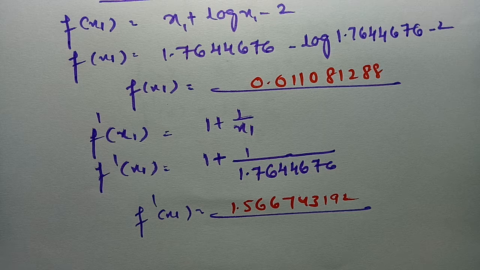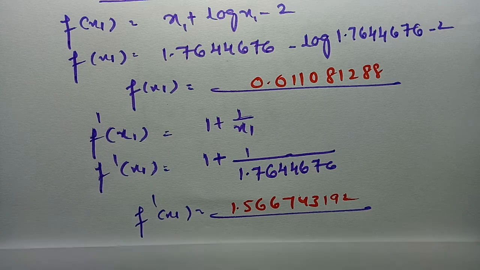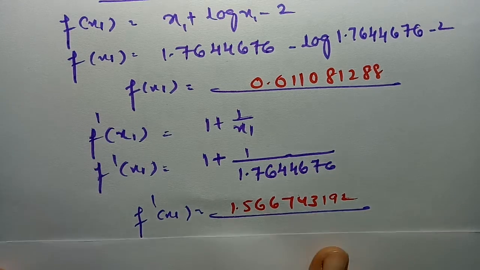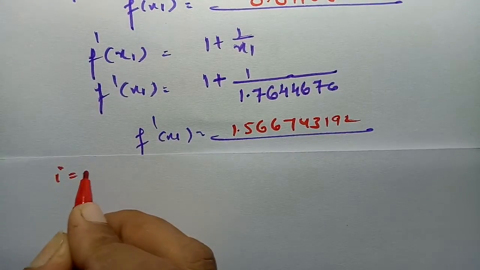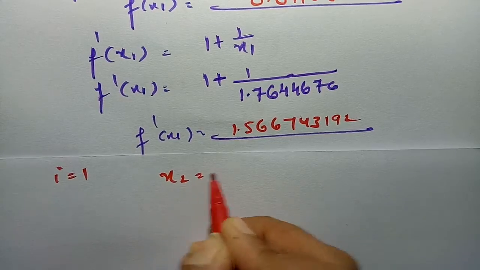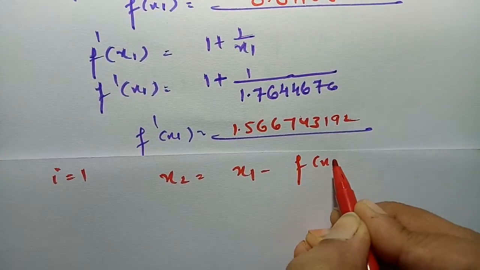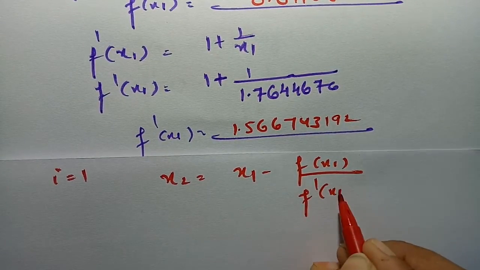So we have to go on to calculate the value of x2. For finding the x2 value, we need all these. If I put i equal to 1, then the x2 value will be x1 minus f at x1 by f dash at x1.